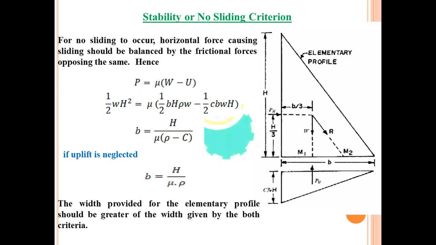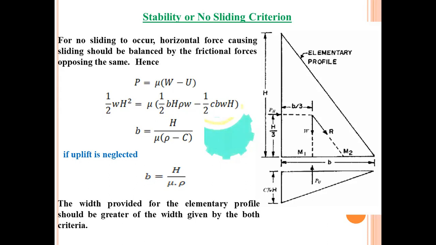Mu into rho, B, mu, common this B. So mu into B remains, rho minus C is remaining. This side H and this side mu B into rho minus C.